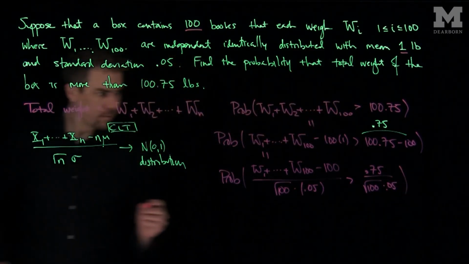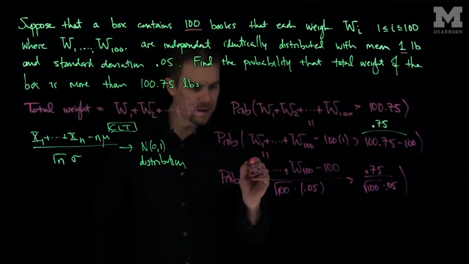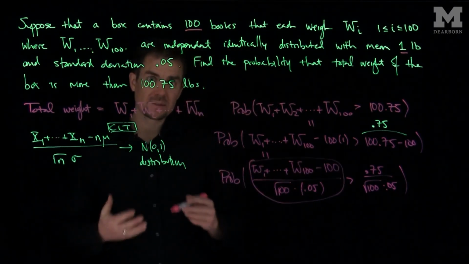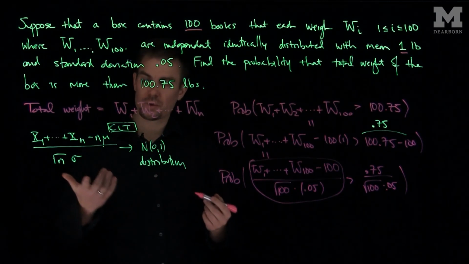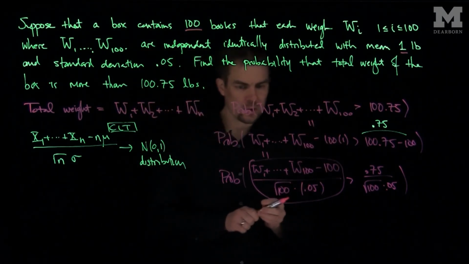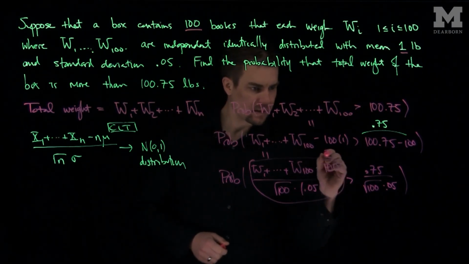Now we can say that this random variable has an approximate normal 0, 1 distribution by the Central Limit Theorem, since 100 is a large value of n. So we'll call this random variable Z.